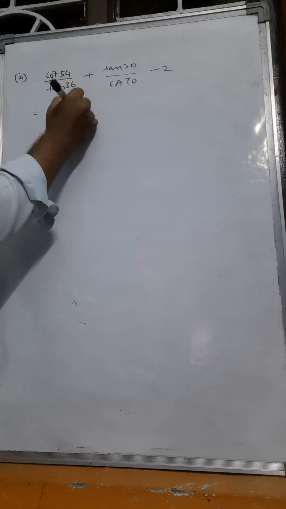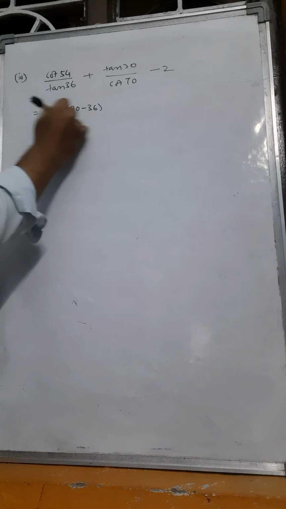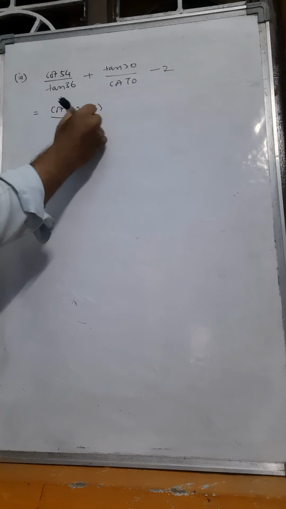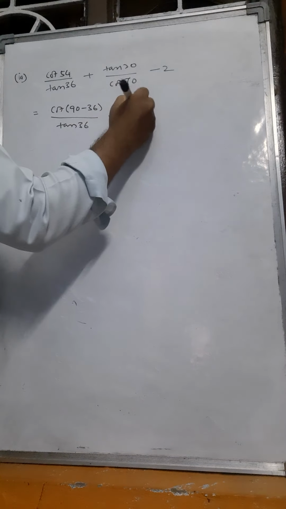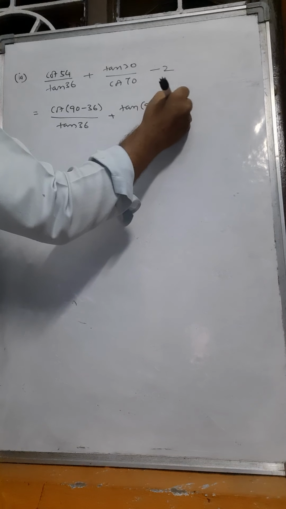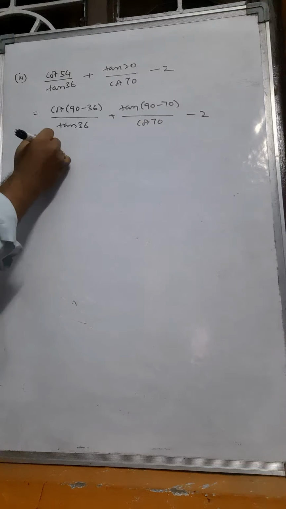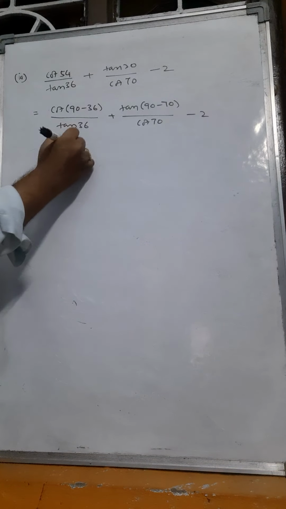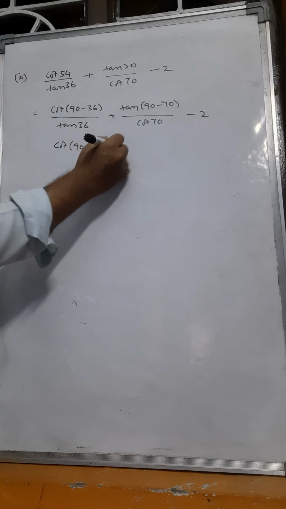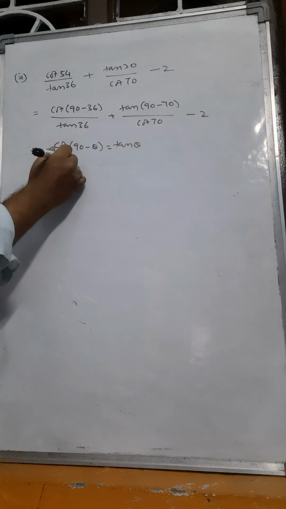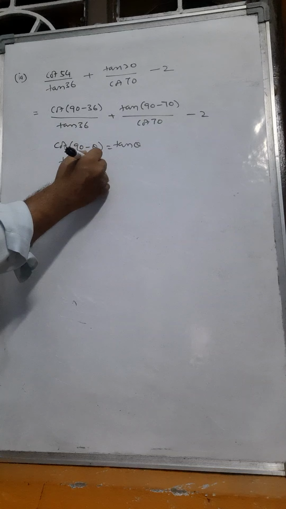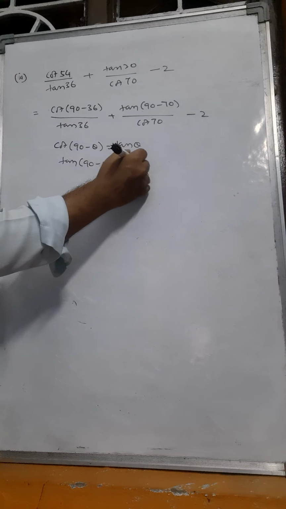So 54 we can write as 90 minus 36: cot(90 minus 36) by tan 36 plus tan(90 minus 70) by cot 70 minus 2. Cot(90 minus theta) is equal to tan theta, and tan(90 minus theta) is equal to cot theta.